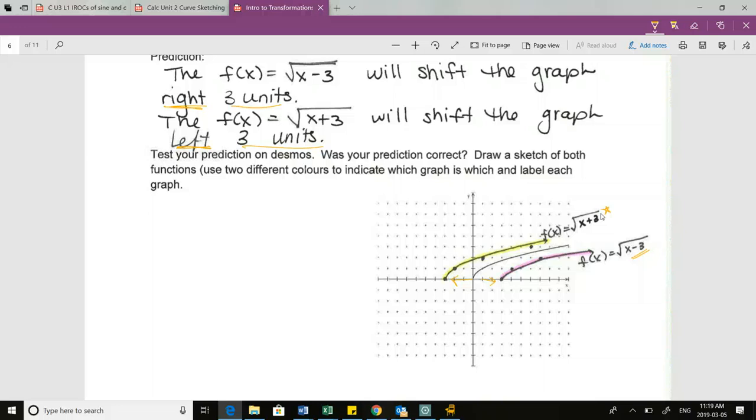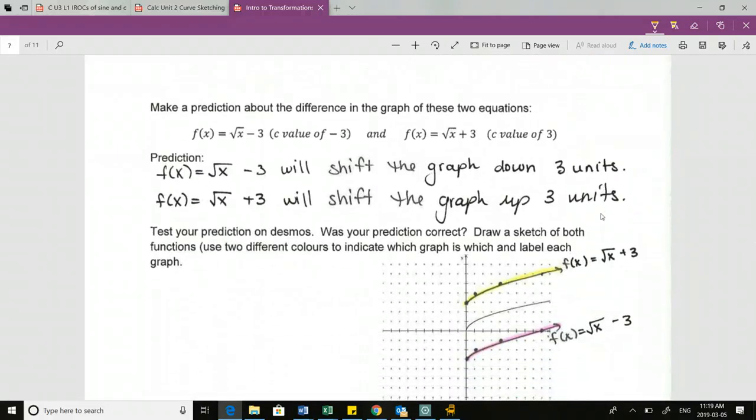Okay, the C value won't be included under the root. So the C value, if it's -3, notice that it's not being covered by the root. So it's outside, like so. The C value is exactly as it looks. If it looks like -3, the C value is -3, that shifts the graph down 3 units.